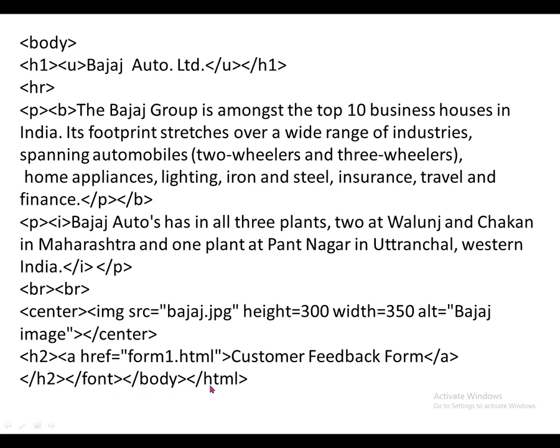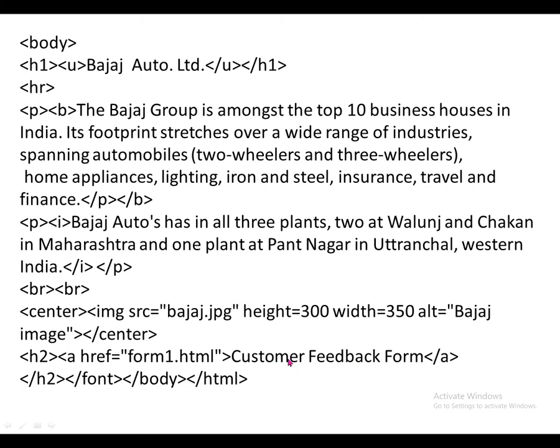Body tag, HTML tag. So as per this first index.html, I'm getting as output the name of my company profile, and information about the company profile in two separate paragraphs. Then I'm getting one suitable image, and after this image you are displaying the customer feedback form hyperlink.